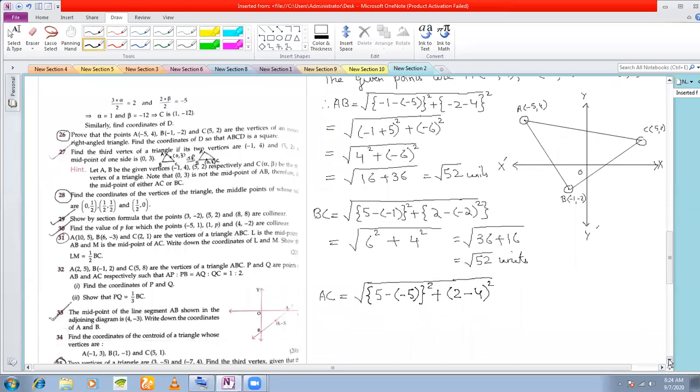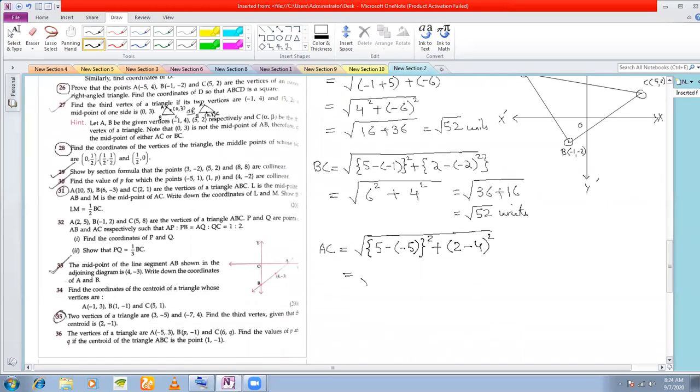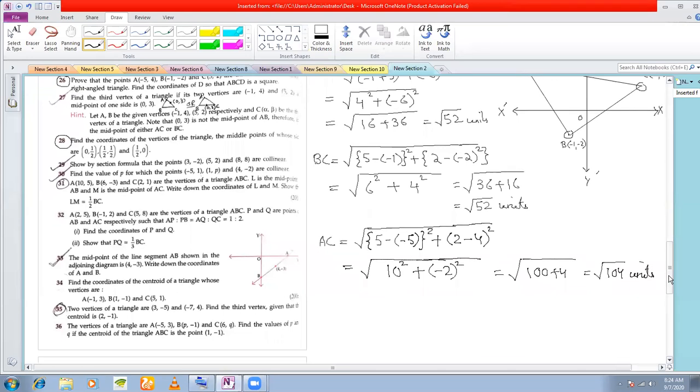This comes to square root of 10 square plus minus 2 square, which is square root of 100 plus 4, which is root 104 units.